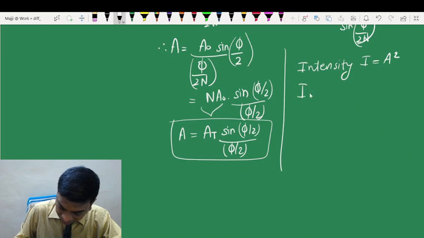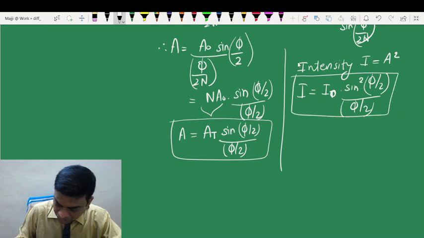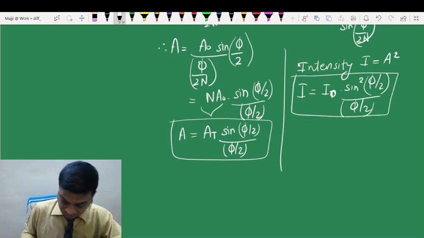I can write I as the total intensity. Total intensity, I'll take it as I naught into sine square phi by 2 upon phi by 2, whole square. This is the formula for intensity.